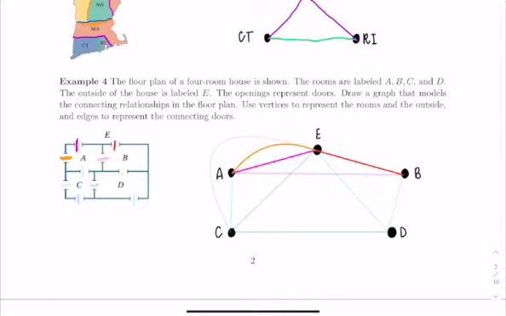We have a doorway between A and B. We have a doorway between E and C, and another one between E and C.